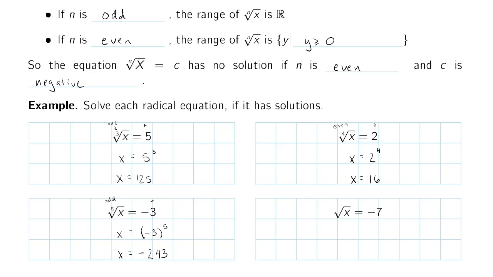That's fine. However, in this last example, we have a negative number on the right. We have an even root on the left. The square root is always a positive number or 0. It can never be negative 7. So this has no solution.